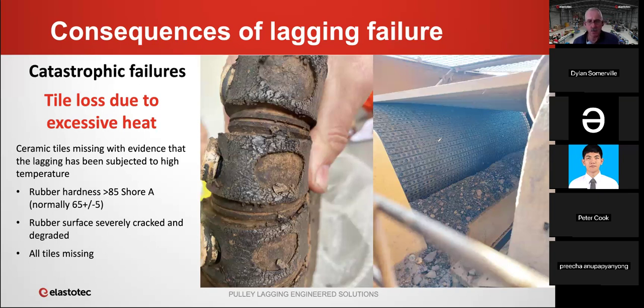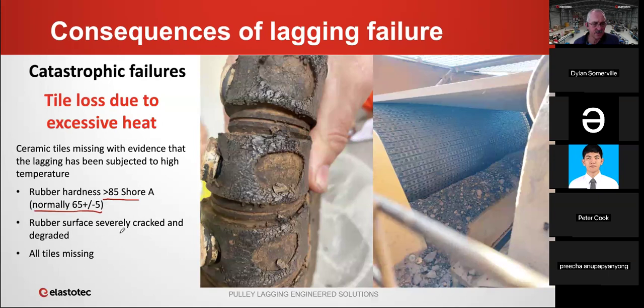So the way you can tell if the lagging has been affected by excessive heat is by measuring the hardness of the rubber. Normally, rubber hardness is 65 plus or minus 5. When the rubber's been exposed to high heat, it can be as high as 85.